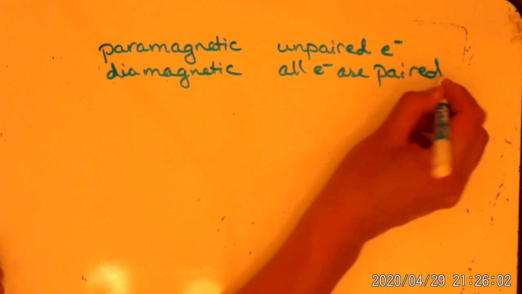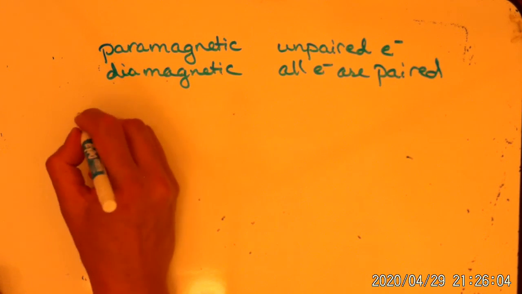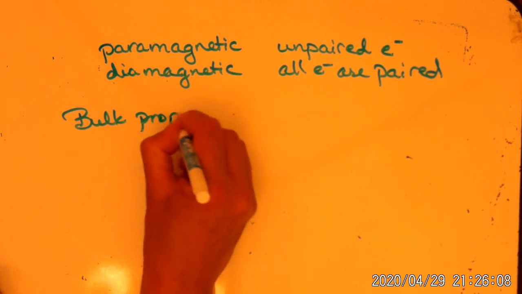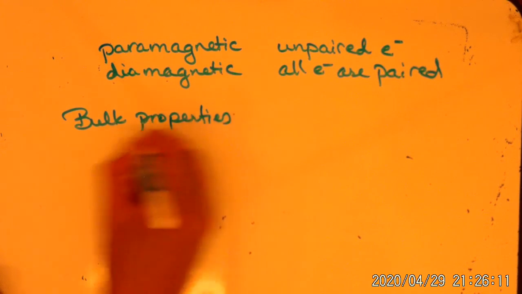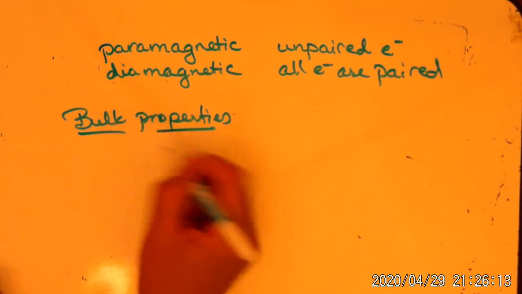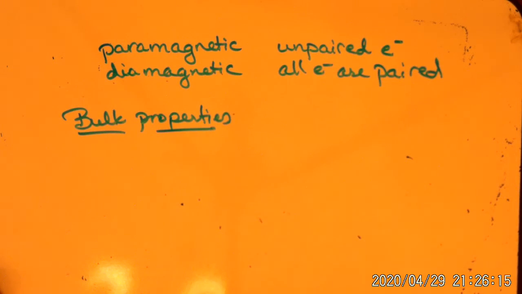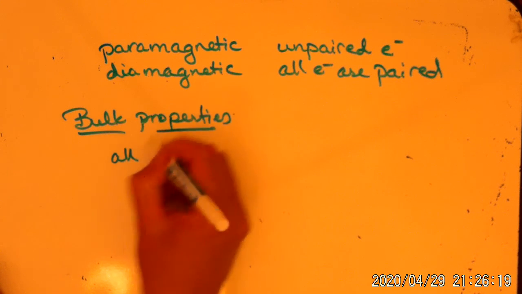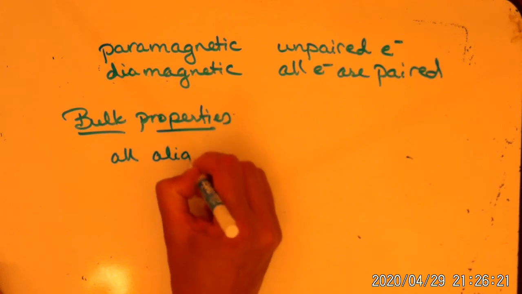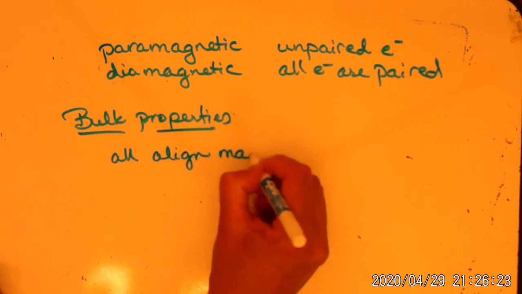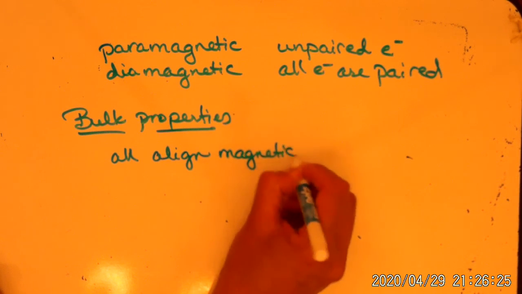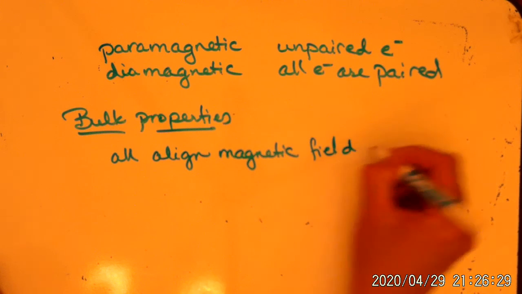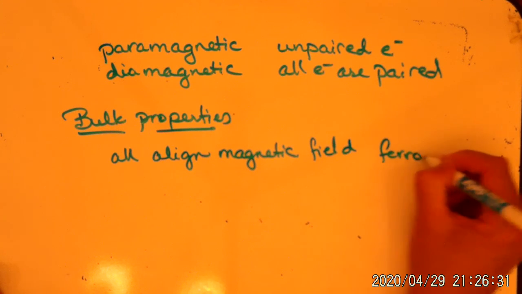Then we have bulk properties. That is, we're now talking about only the paramagnetic compounds, and they all align with my magnetic field. It's called ferromagnetic.